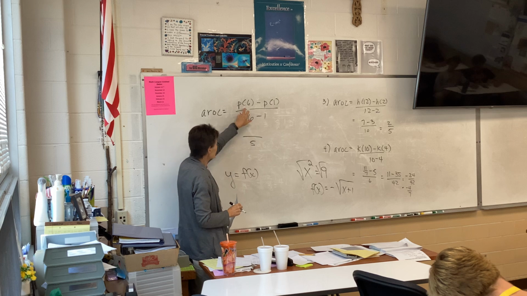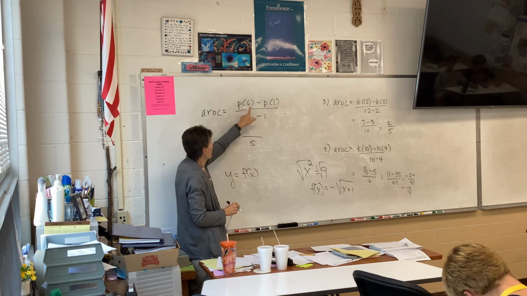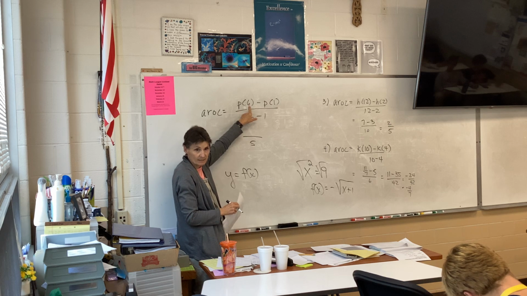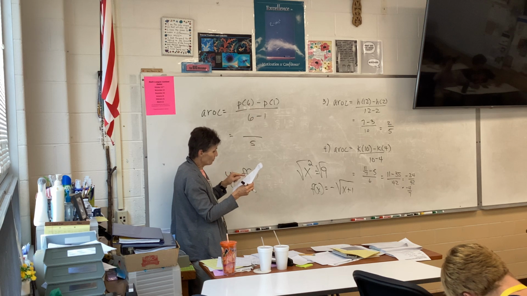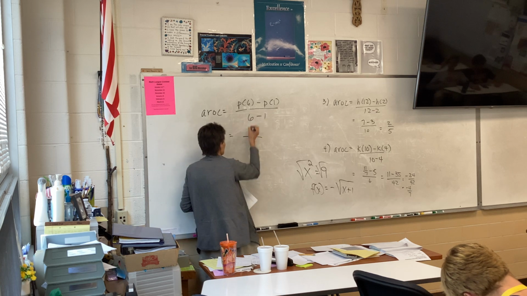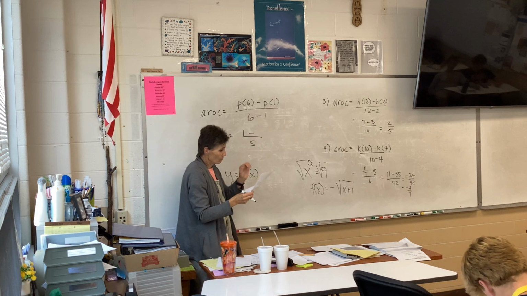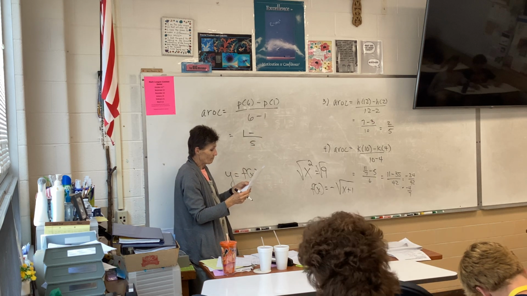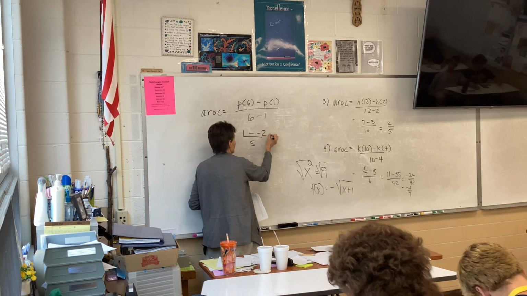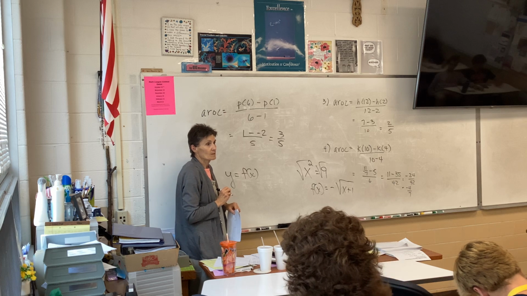So this is the y value where x is 6, and that happens to be 1. Now, what is the y value when x is 1? -2. So that one is 3/5.